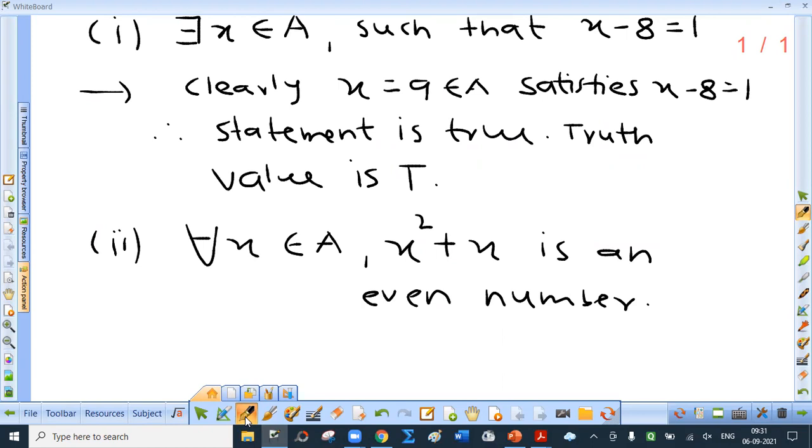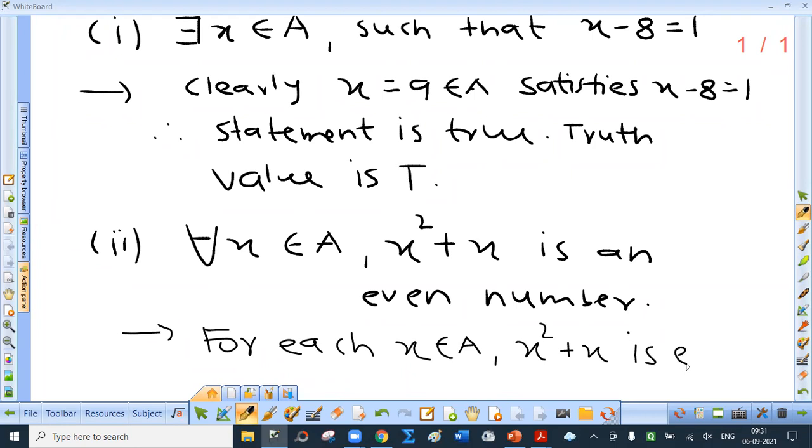Or in the answer, you may just write, for each x belonging to A, x square plus x is even.